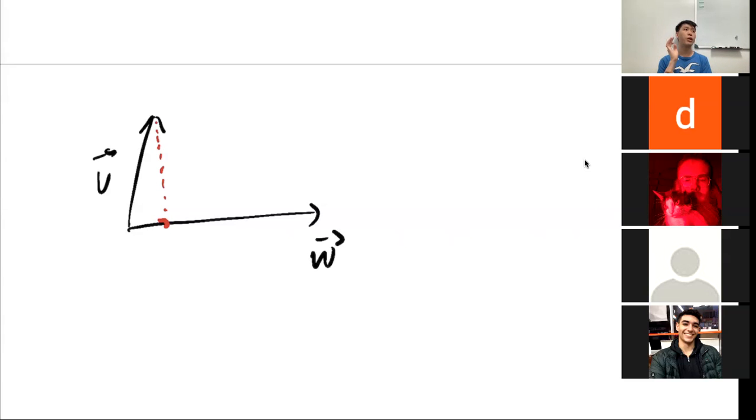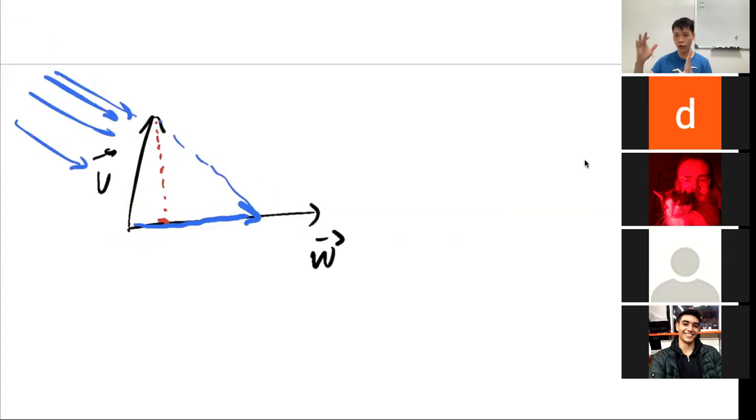Sort of like when you have a shadow, right? You want to shadow the vector v onto the vector w. So imagine you have a light shining on the vector v, and then you would have a shadow of this vector v on the vector w, right? So if the light is coming this way, the resulting shadow is here.